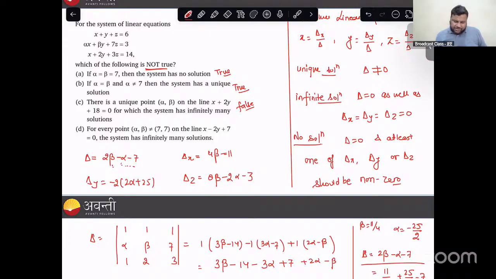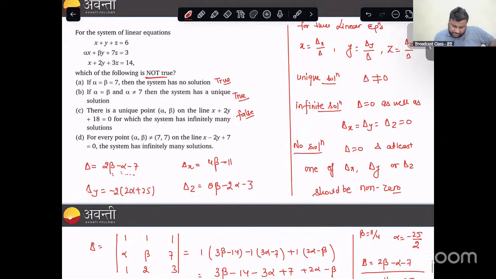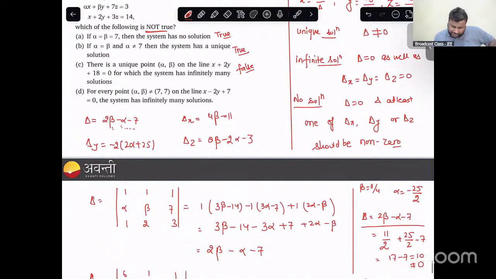A and B are definitely true. There is a unique point alpha beta on this line for which the system has infinitely many solutions. For infinitely many solutions, x plus 2y plus 18.